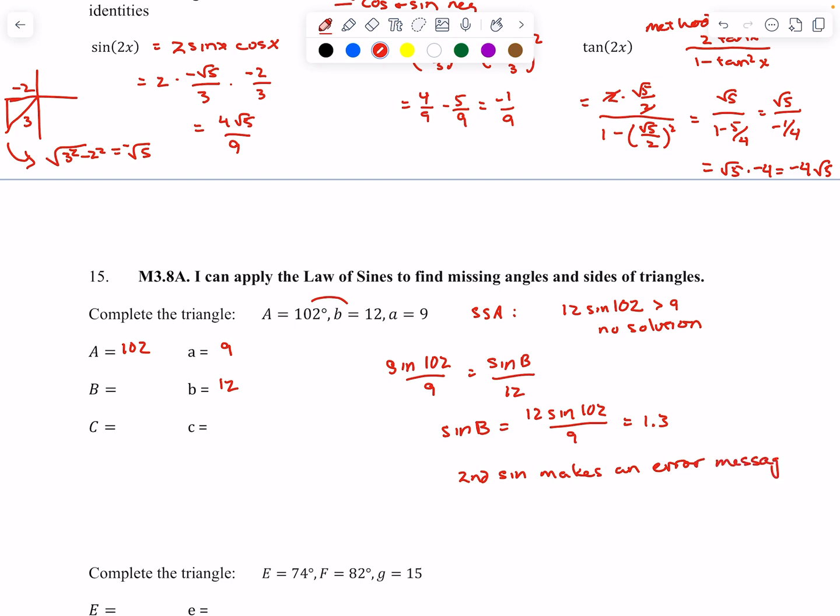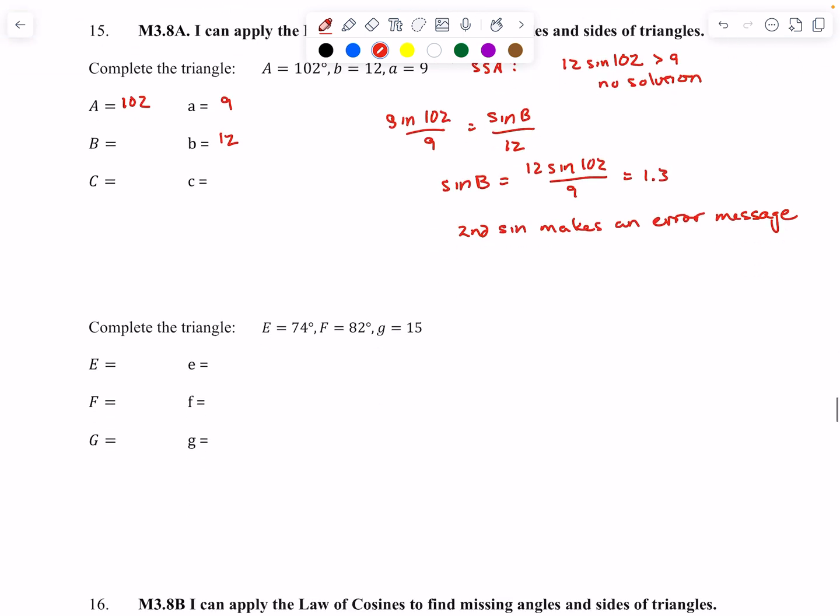So the problem is that if you've got a short side across from a large angle, it just doesn't work at all. All right, next.